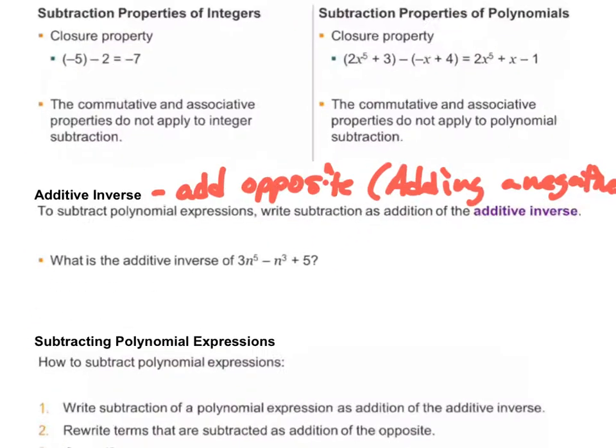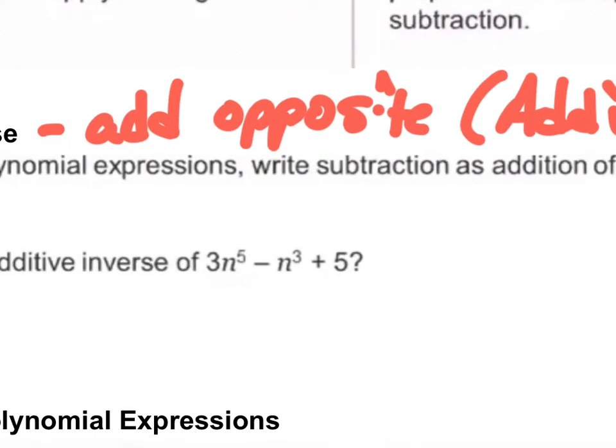It says, what is the additive inverse of 3n to the fifth minus 3n cubed plus 5? To find the additive inverse, you take this entire thing and multiply it by -1 to get the opposite. So we take -1 and multiply it by 3n to the fifth minus n cubed plus 5, and all you're doing is making these opposites.